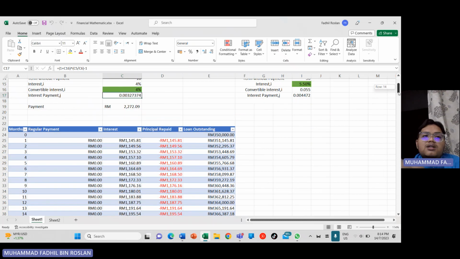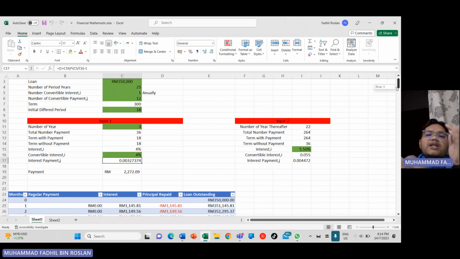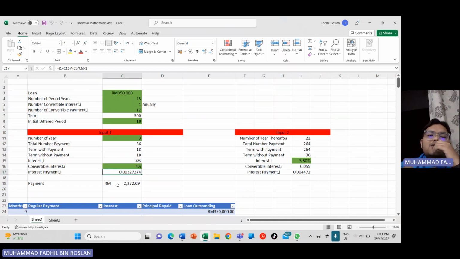So this is the payment that Alia needs to make: 2,272.09 ringgit. How we got that is the total loan 350,000 divided by the term with payment, and we use the a angle n formula: 1 minus (1 plus I) to the power of minus N, divided by I, and we multiply by the term without payment.